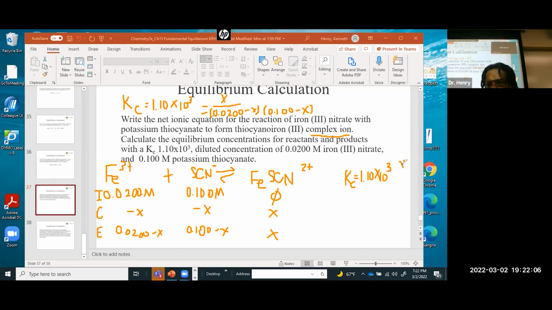That's going to equal X divided by 0.002.